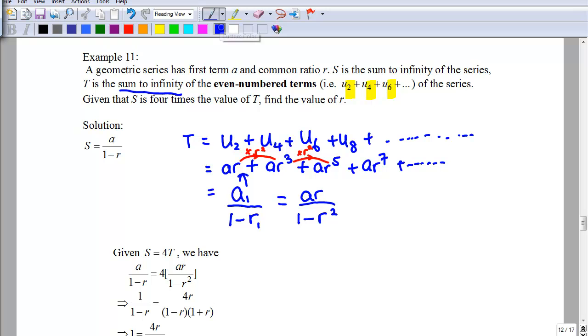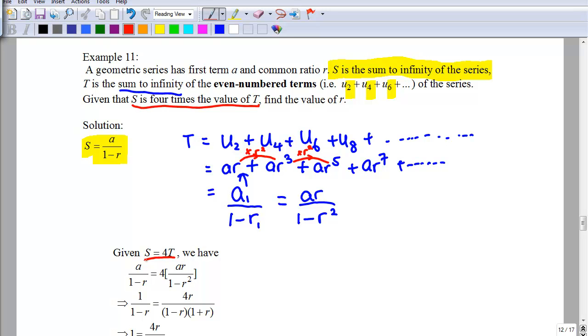Now, since we have obtained t in terms of a and r here, and the question says further that s is the sum to infinity of the series, meaning this in the solution, that s is a over 1 minus r, and the question says that s is 4 times the value of t, we can say that s equals 4t.